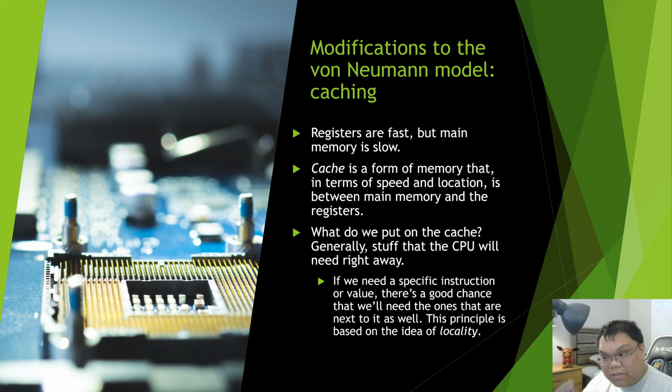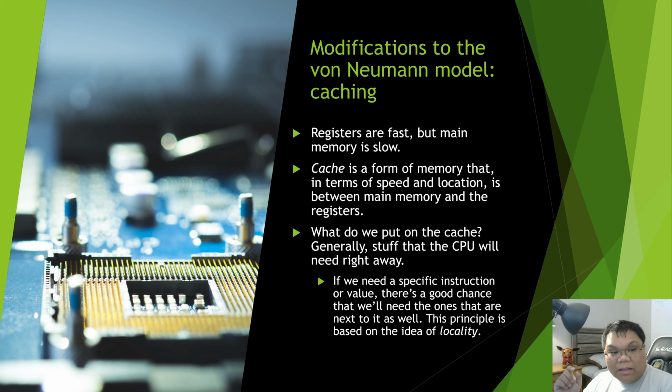The solution is something called caching. We put a memory chip in between the CPU and main memory that is faster than main memory, but not as fast as the CPU. And because of the cost of this cache, we generally don't have much of it compared to main memory.